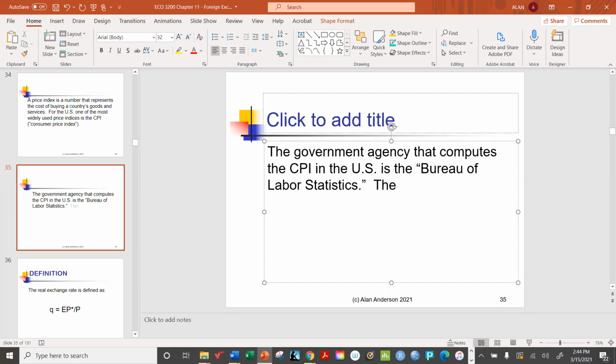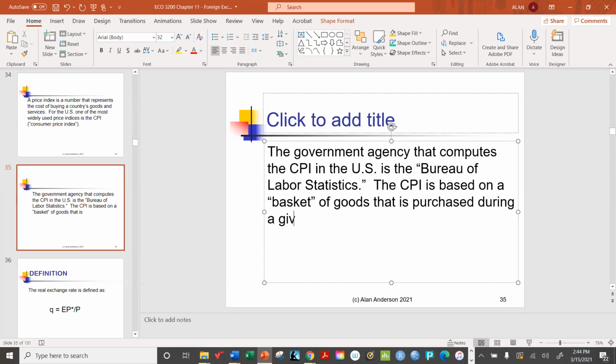So the CPI is based on what they call a basket of goods, typically purchased during a given year by what they call a typical urban family of four.